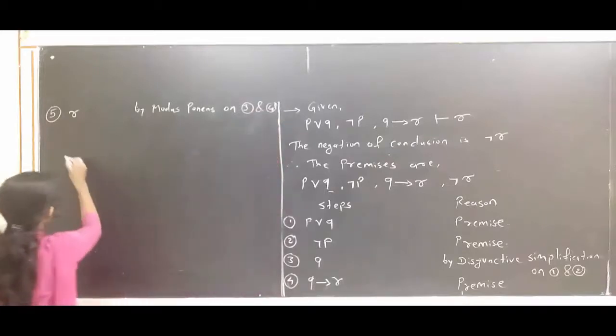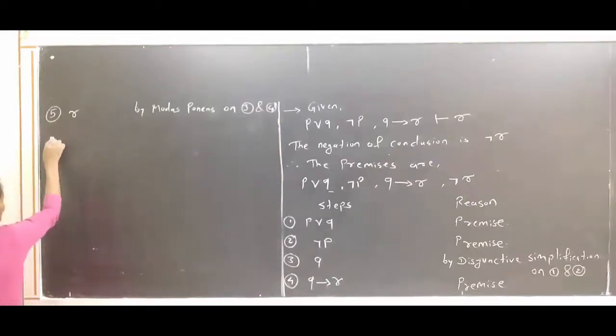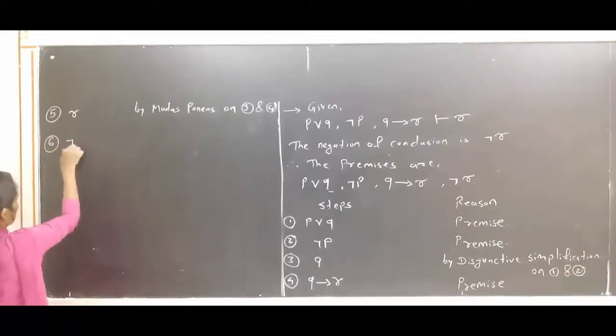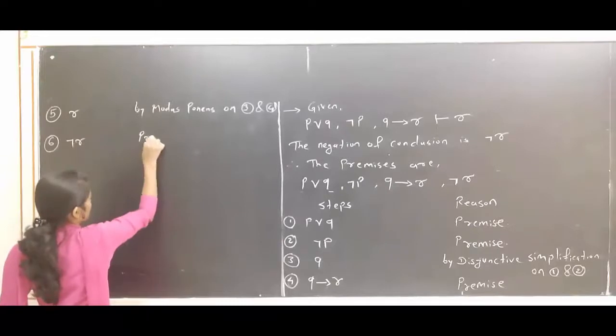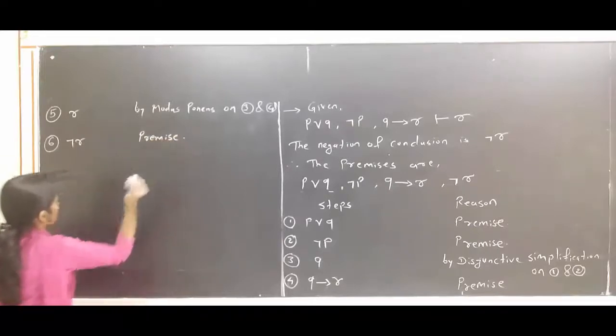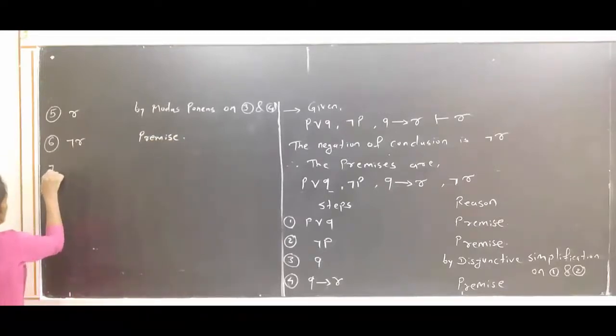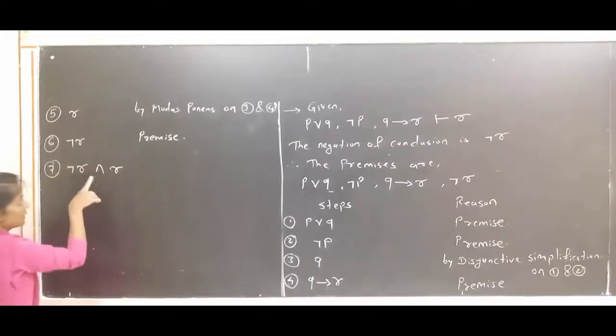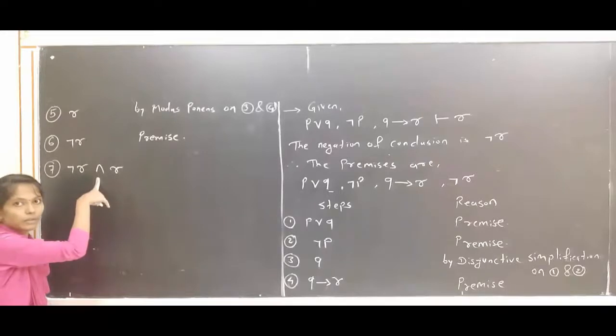Now sixth, we take the next premise negation R. So here, 7th, negation R and R, we get a contradiction.